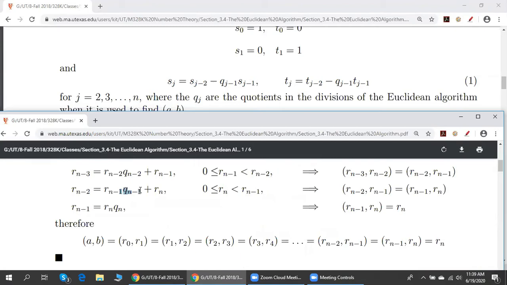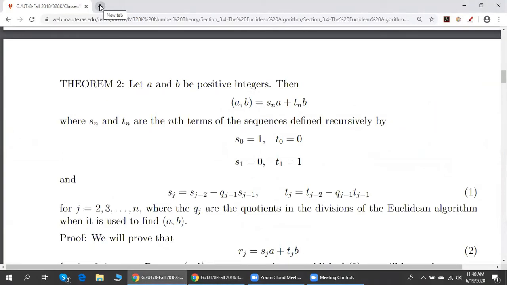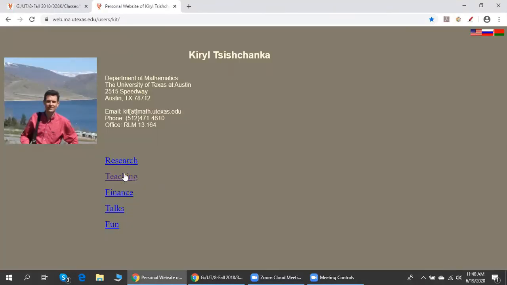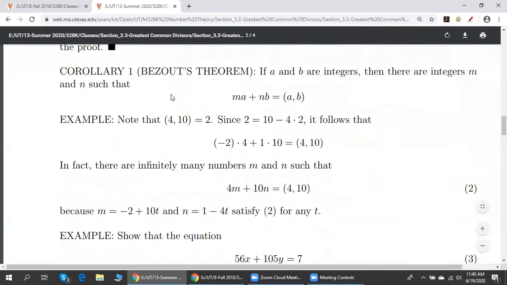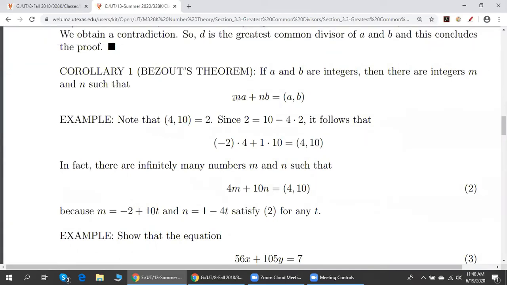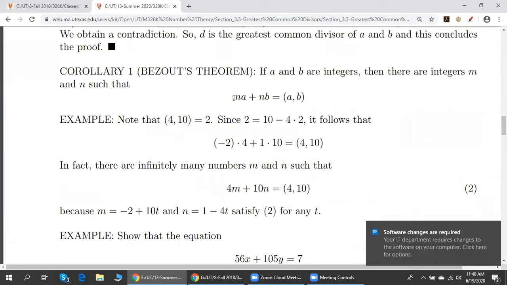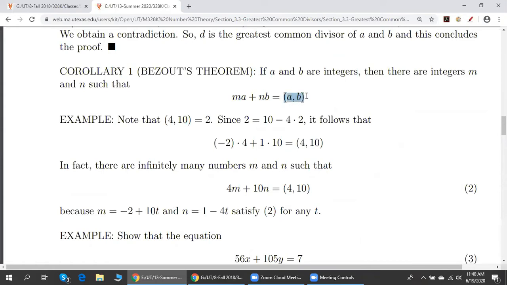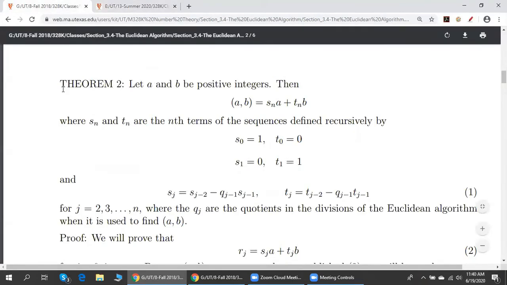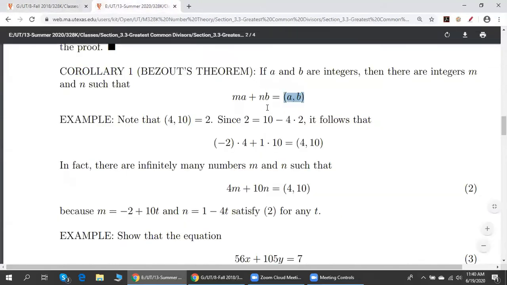This. Let us compare Theorem 2 with Bezout theorem. Bezout theorem tells us that it is possible to find integer numbers m and n such that the greatest common divisor is ma plus nb. In contrast, Theorem 2 gives us explicit formulas for m and n.